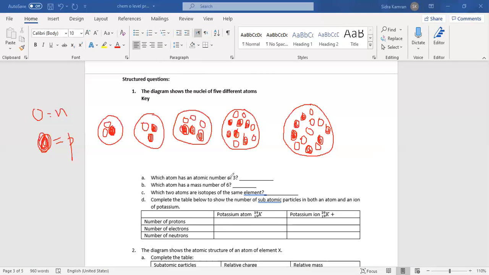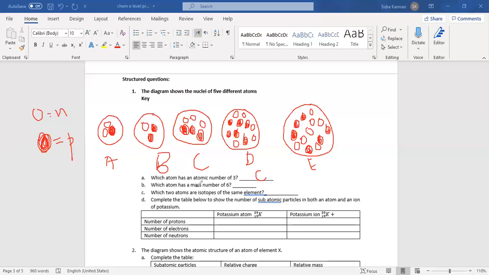Which atom has an atomic number 3? Atomic number means the number of protons. We can say the atoms are A, B, C, D, and E. You can see here 3 protons, so the number of protons represents the atomic number. So atom C has atomic number 3.